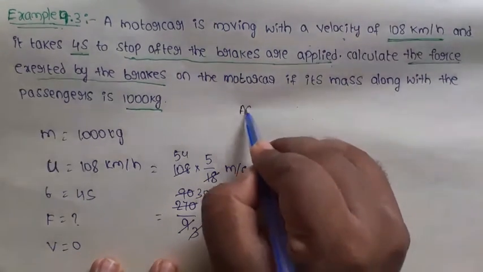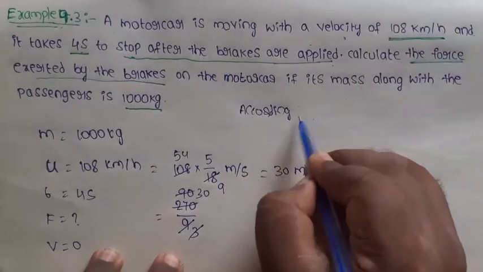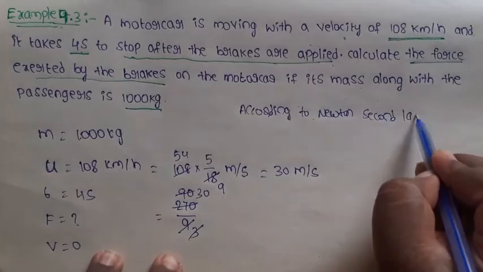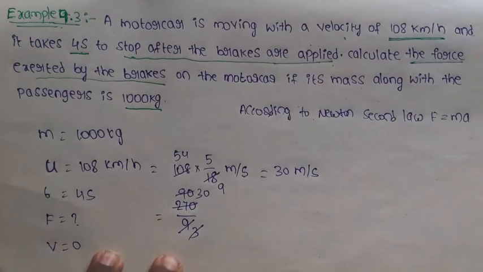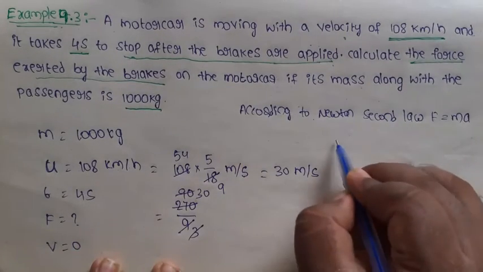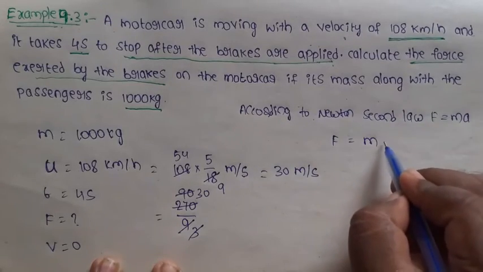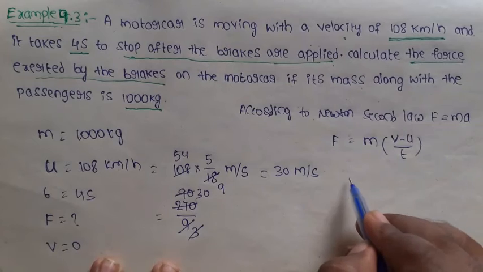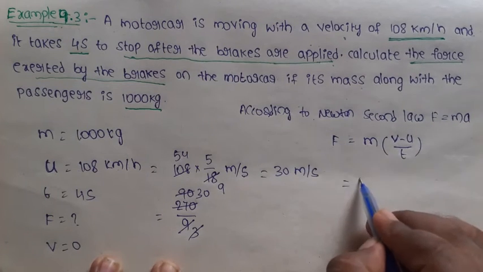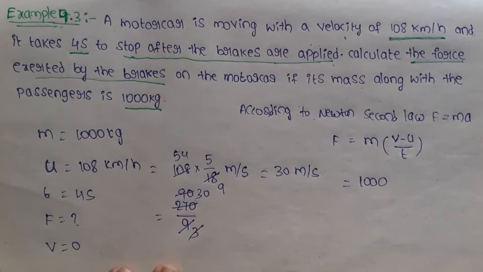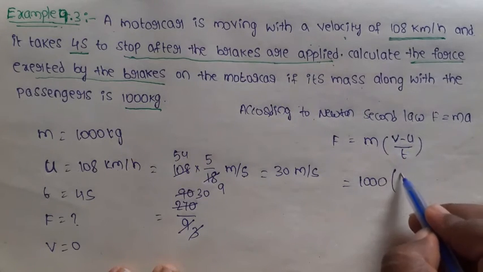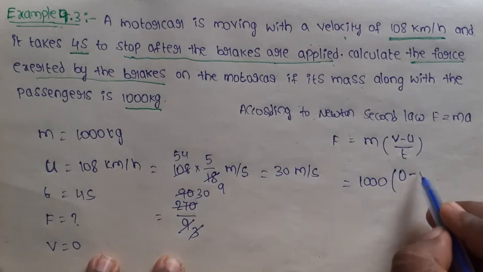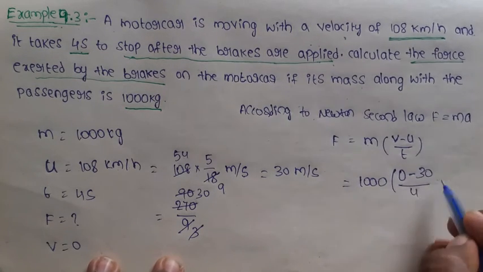Now according to Newton's second law, F equals ma, we are going to find the force. F equals m into acceleration, which we can write as v minus u by t. Substitute all values. The m value is 1000, v value is 0 minus initial velocity 30 by time 4.